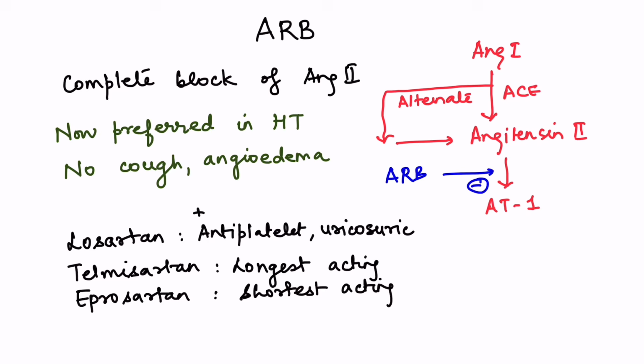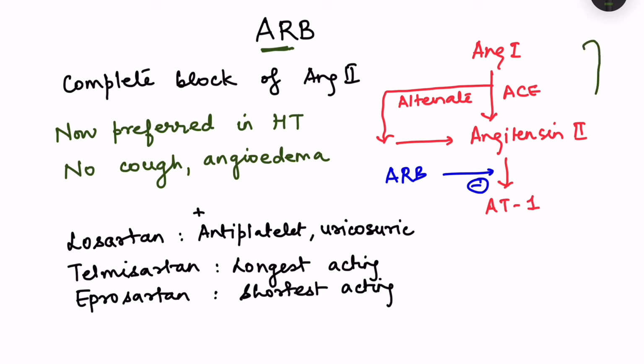So that was about ACE inhibitors. Moving on to angiotensin receptor blockers. What will they do? They will block the angiotensin 1 receptor. Mainly they act on the angiotensin 1 receptor, so that angiotensin 2 is not able to act. So it is being formed, but it is not able to act. Now these angiotensin receptor blockers provide a more complete block of angiotensin 2 compared to ACE inhibitors. Why?